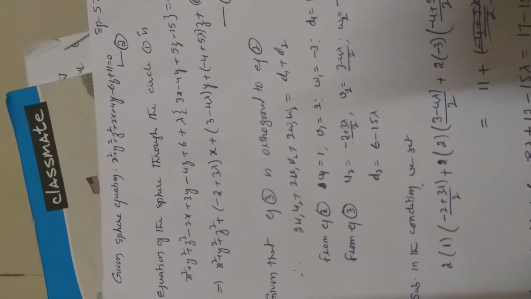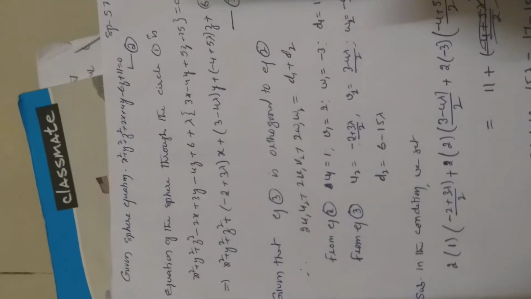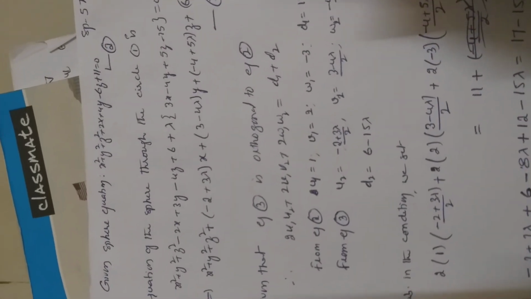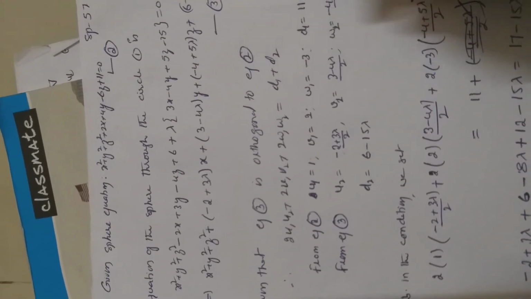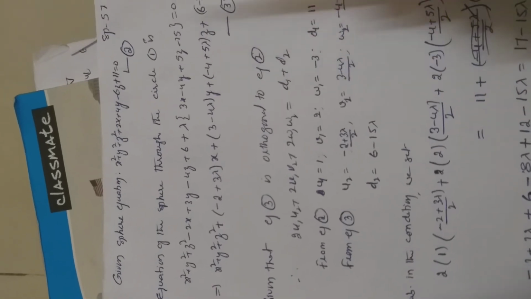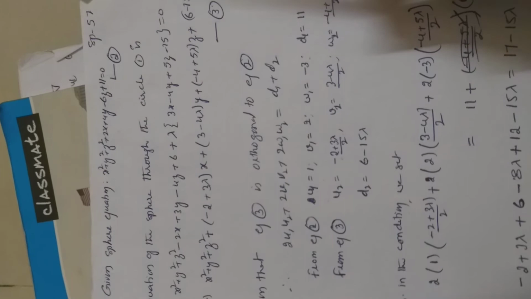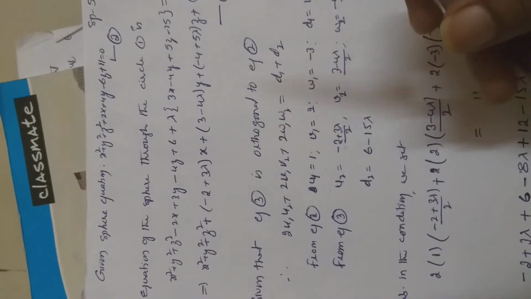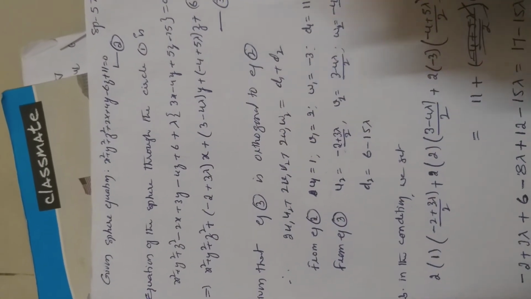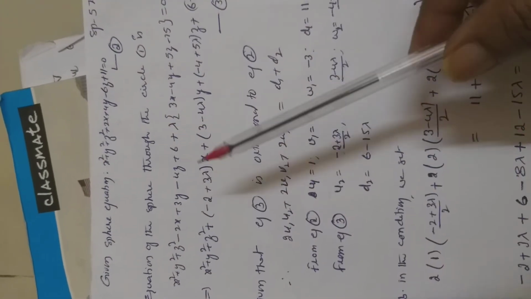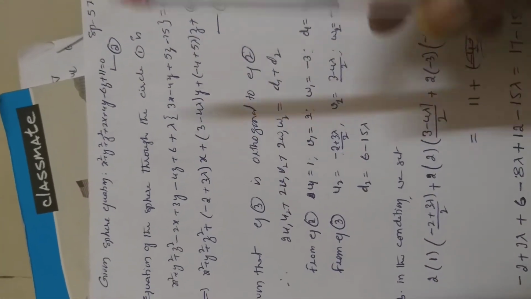Now what is our aim? Our aim is to find the equation of a sphere. The first condition is that the required sphere passes through a circle. You know the formula: the equation of a sphere passing through a circle is sphere plus lambda into plane equation equal to 0.